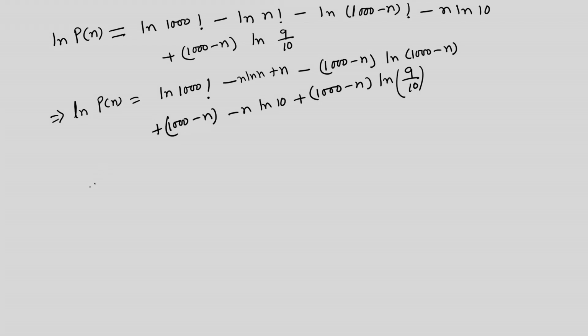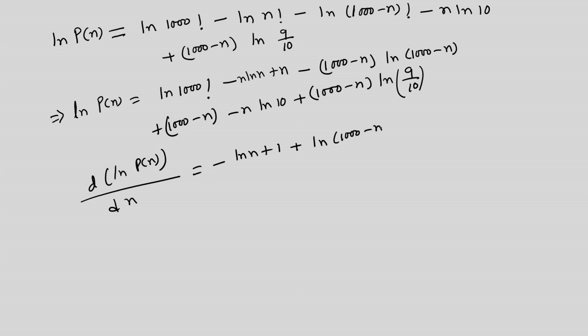So, d ln Pn by dn equals to minus ln n plus 1 plus ln 1000 minus n plus 1 minus 1 minus ln 10 minus ln 9 by 10.